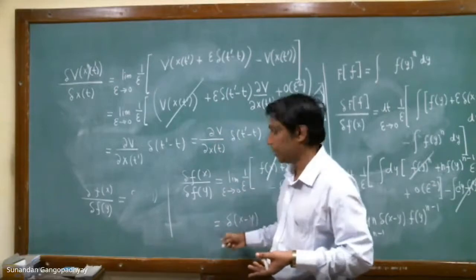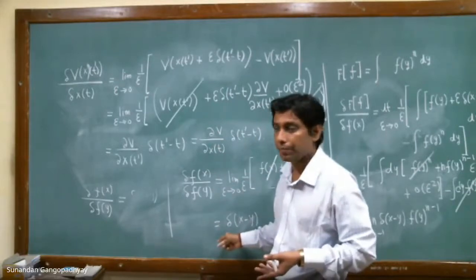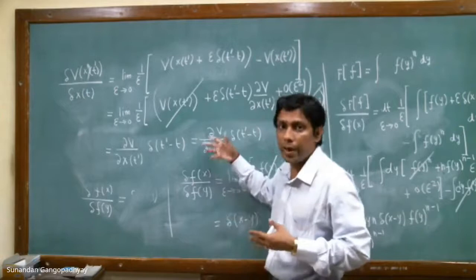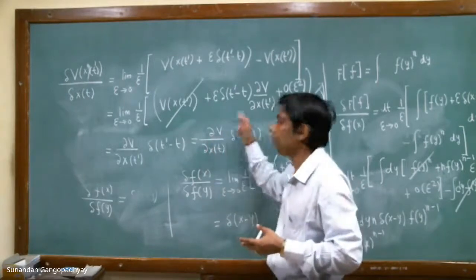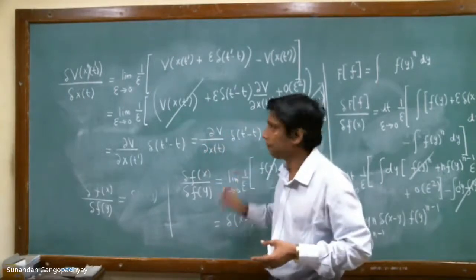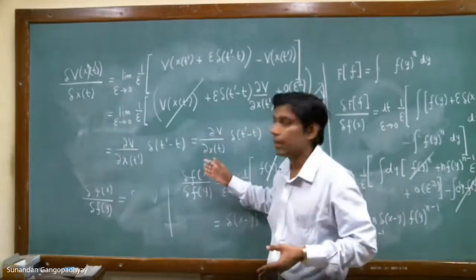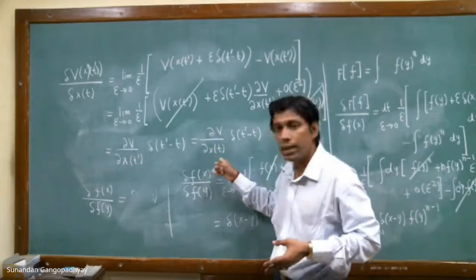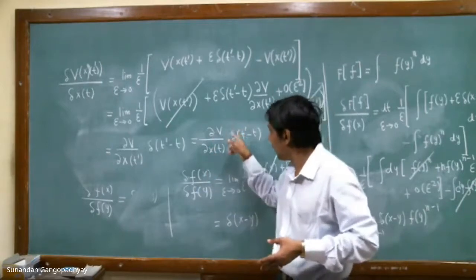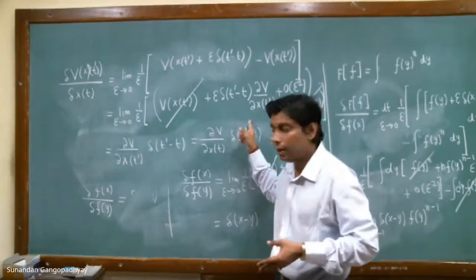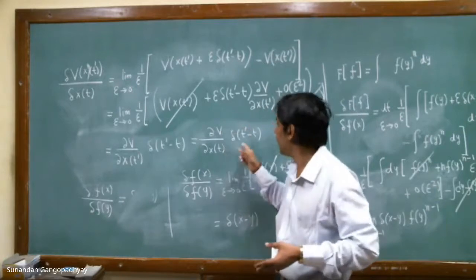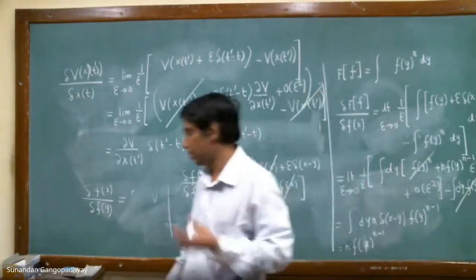You recover the result that we have proved earlier. Just set v equal to x, this will become 1 and you will have delta t minus t prime. But in case of an arbitrary function of the coordinates, it is like the chain rule. It will be del v del x t times delta of x t, delta of x t prime, and that will give you this delta function.